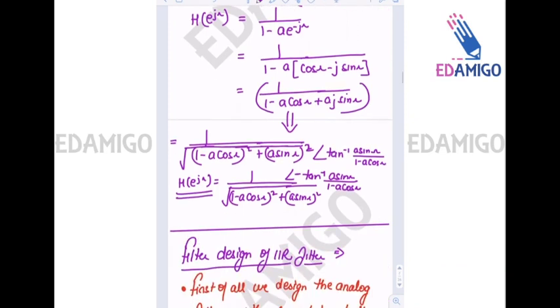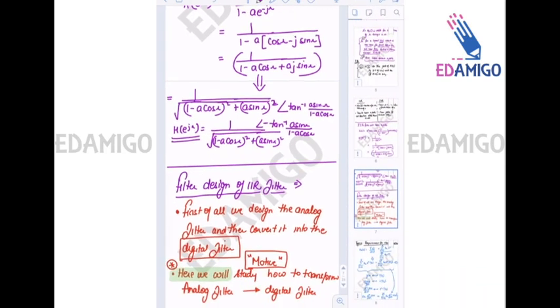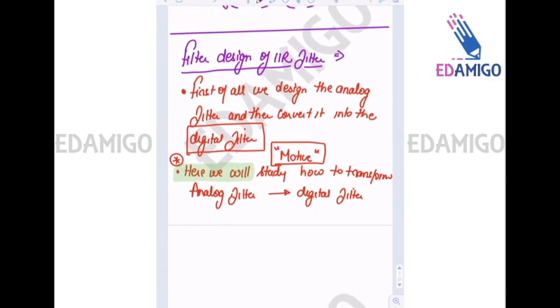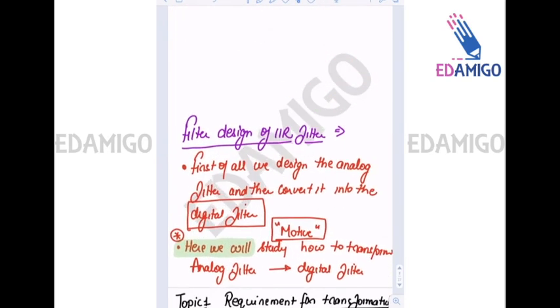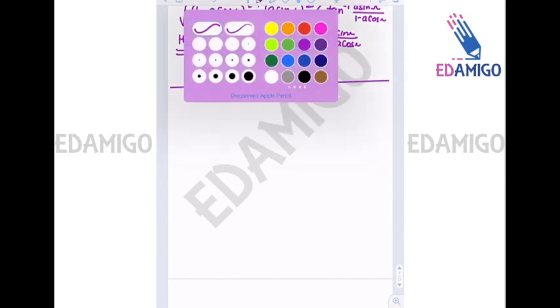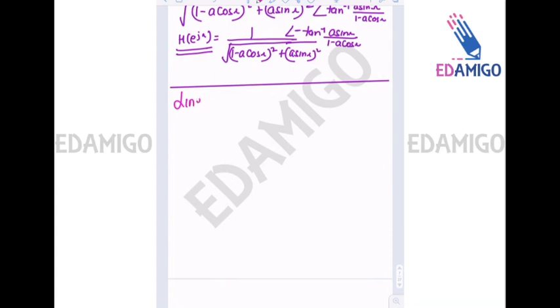Let me add one more page. Okay. So the linear phase of H(z) or H(e to power j sigma) means the phase is of the format a times sigma.